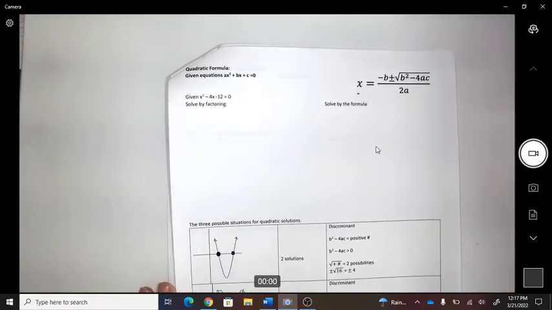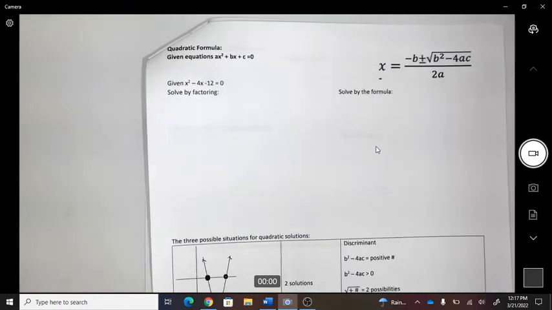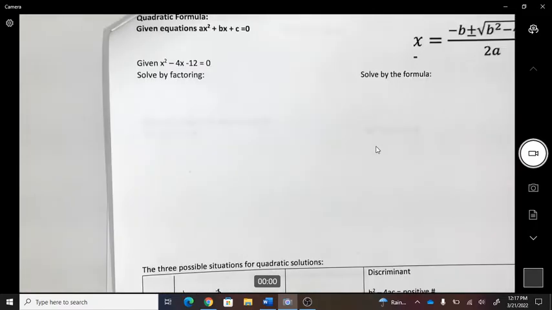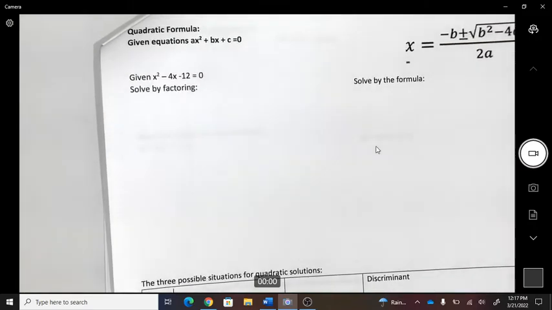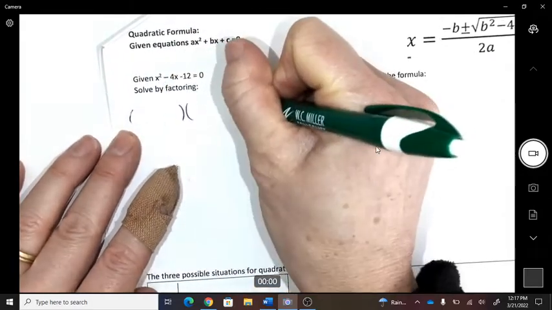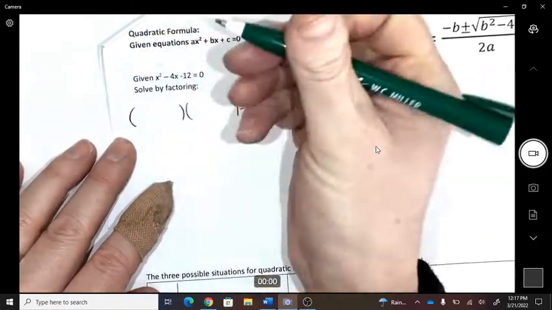So here's our first example. Solve first by factoring, and then we're going to solve with the formula, and we're going to see if they work out and match each other. Okay, so this is a simple trinomial. So let's see.